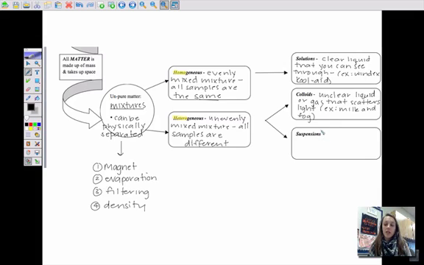The other heterogeneous mixture is the suspension, and these are really easy to identify. They're uneven mixtures that separate into layers. So, for example, oil and water is a suspension because the oil is on top of the water.